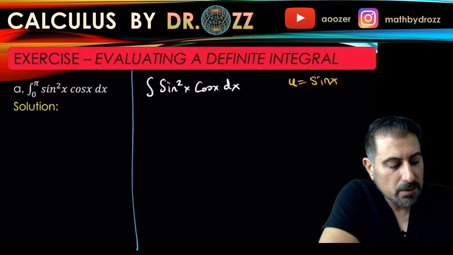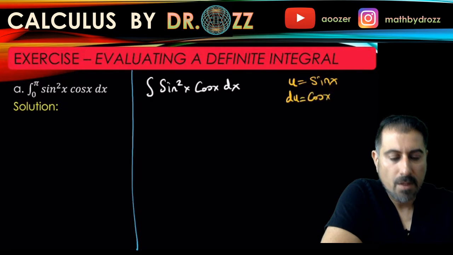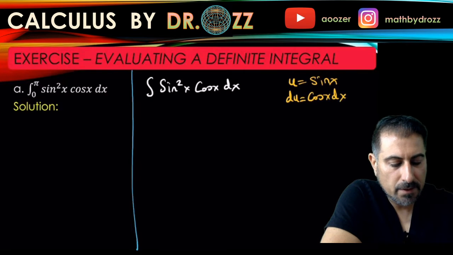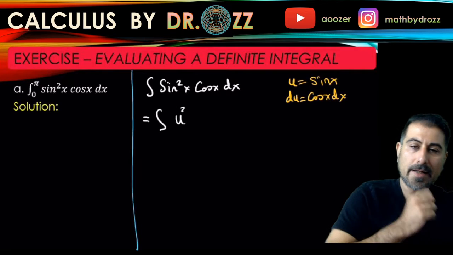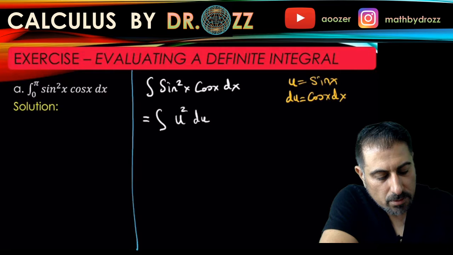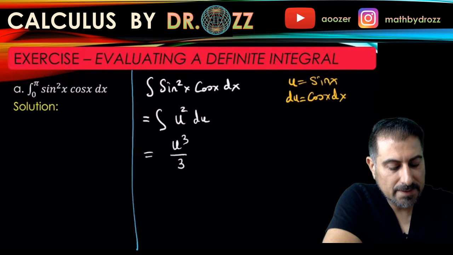So du equals cosine x dx, which is the derivative of sine, right? So boom, we can go back here and convert that integral to u squared du. That allows us to use the power rule for integration. So this is u cubed over 3 plus c.